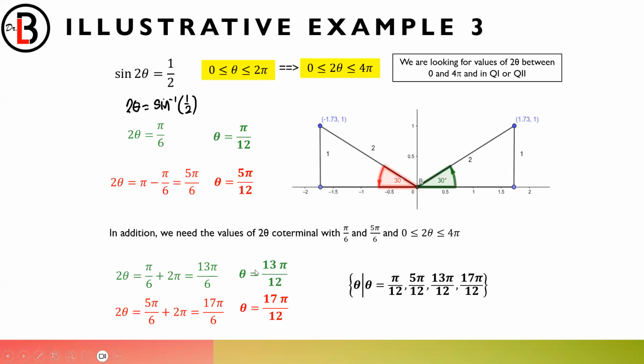And then 13 pi over 6 divided by 2 is 13 pi over 12, still within 0 to 4 pi? Yes. And then here, if I check another revolution, so 17 pi over 6 over 2, that's 17 pi over 12. Is it still within 0 to 4 pi? If yes, that is one of the answers.